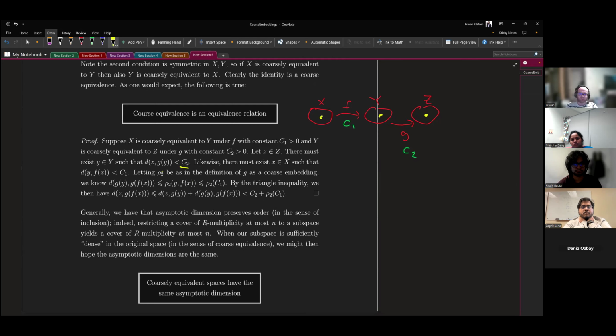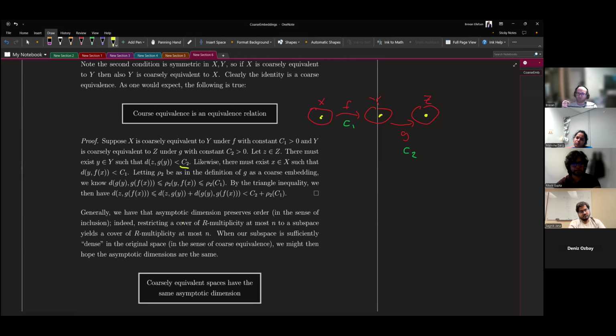We then actually need to specifically use the definition of rho 2 here that comes from g. So as a coarse embedding, g gets an upper bound rho 2. And we have that the distance between g of y and g of f of x is going to be less than or equal to rho 2 of the distance between y and f of x. That just comes from the definition of a coarse embedding, in that rho 2 is the bound above.